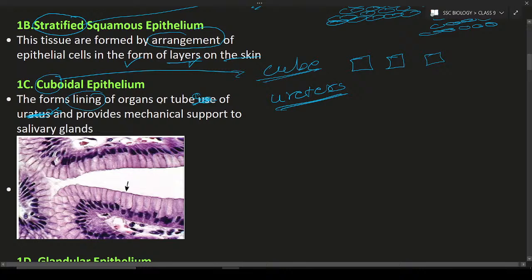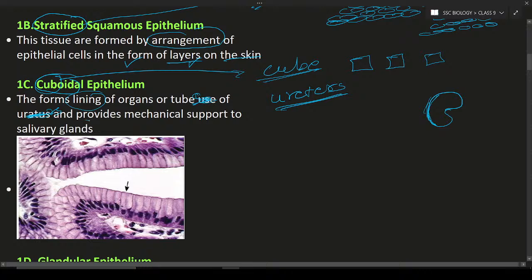Let us consider this is the kidney. The layer around the kidney is formed from the cuboidal epithelial cells.